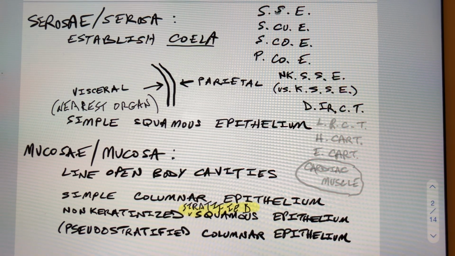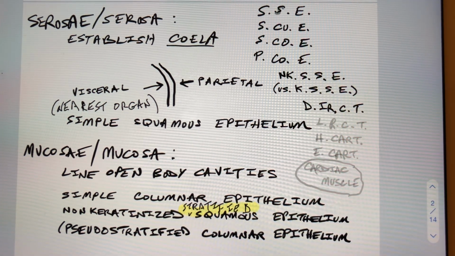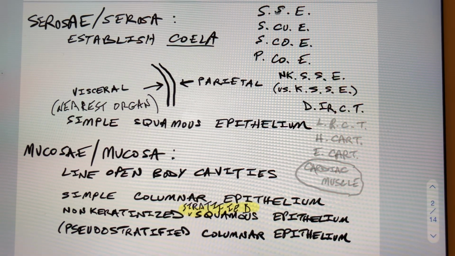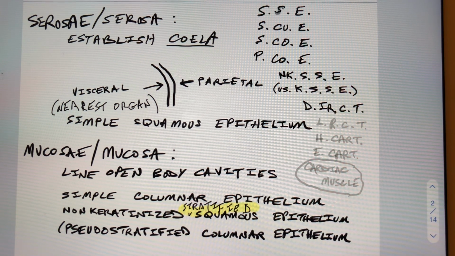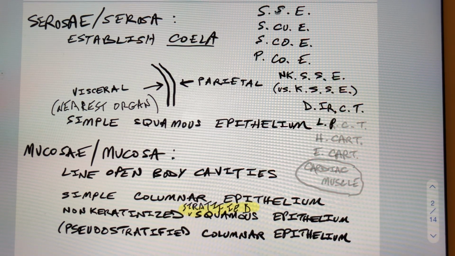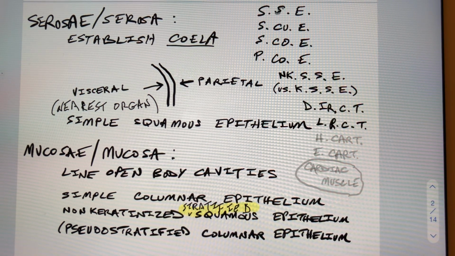Let's see, what else? Adipose, but that one's so easy, I don't expect it to be an issue. Loose areolar connective tissue, not worried about it. But loose reticular connective tissue will be relevant.